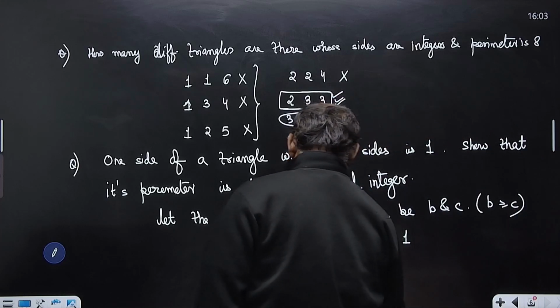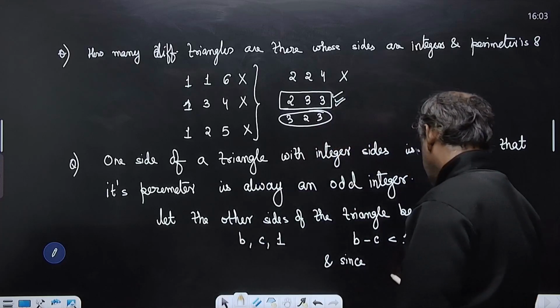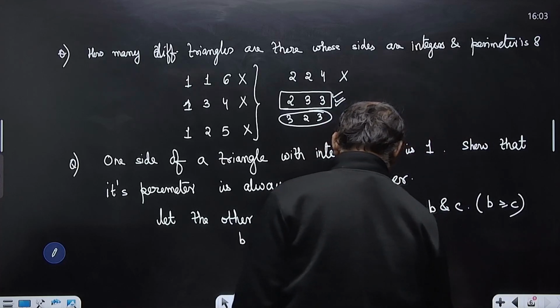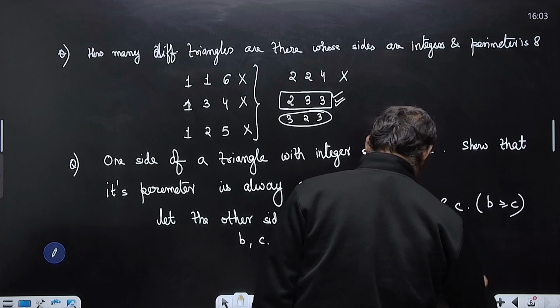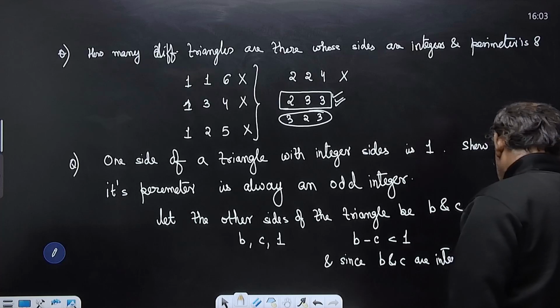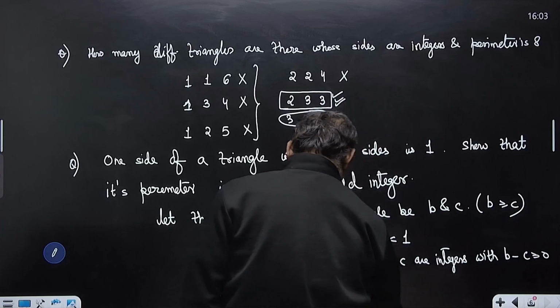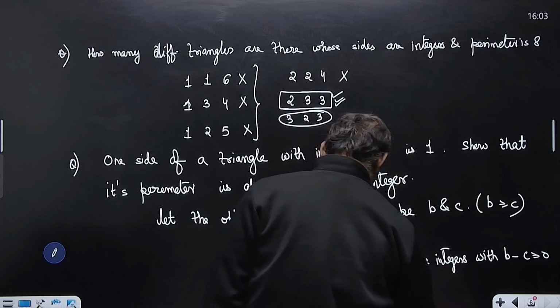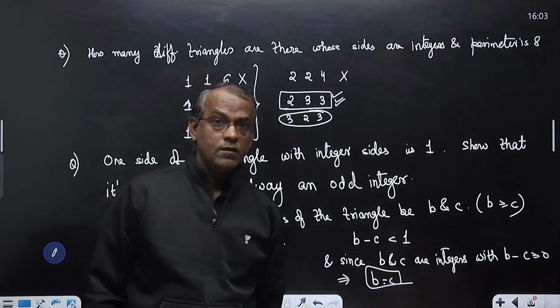And since B and C are integers with B minus C greater than or equal to 0, this implies B is equal to C. Their difference has to be less than 1.